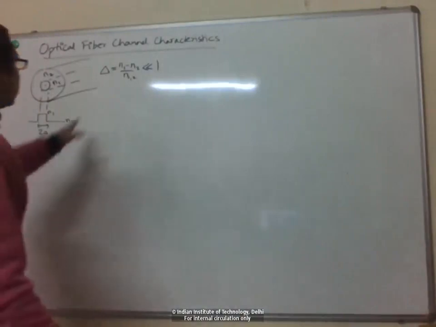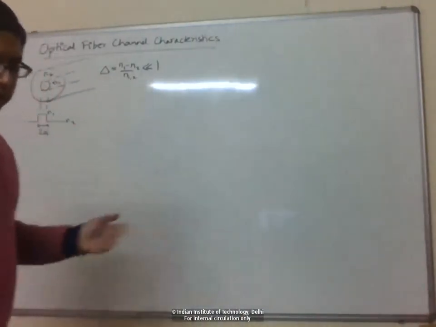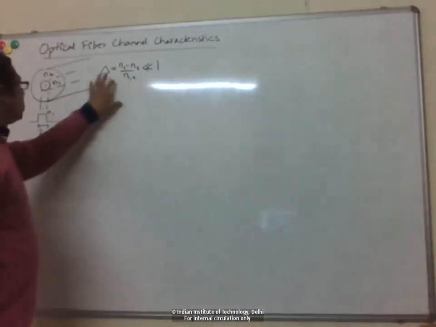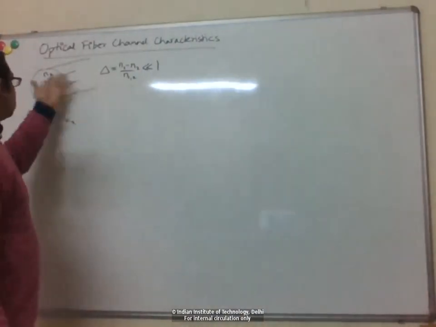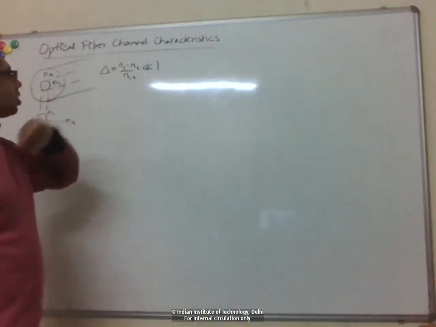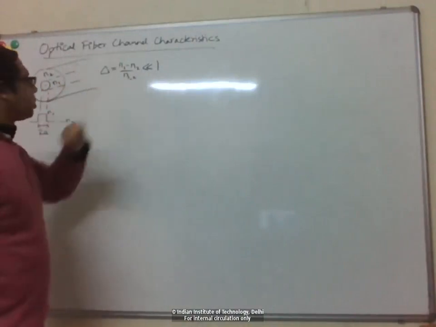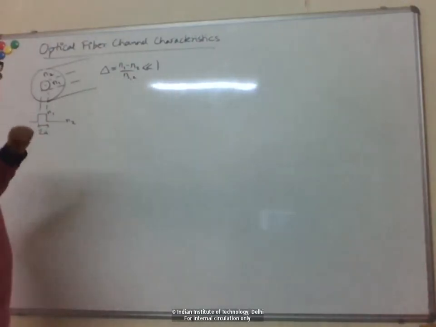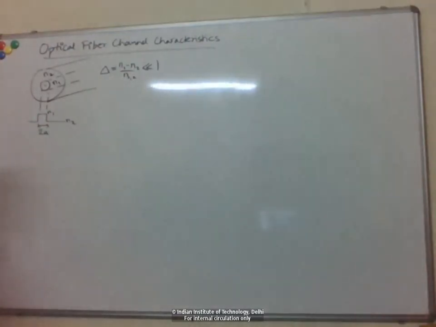And there are various other reasons why this quantity is much less than 1, which we discussed in the fiber optics course. But for now, just keep in mind that the optical fibers used for communication systems have this property. They're typically step index fibers in most cases. In some special cases, there are some variations.